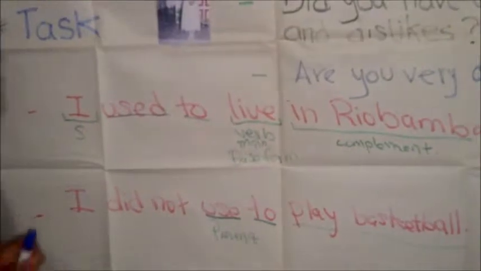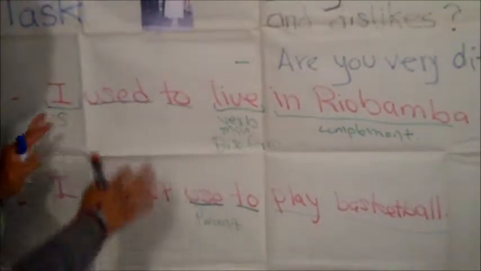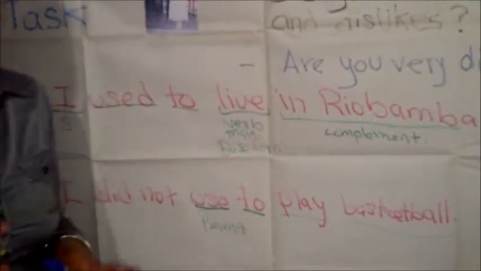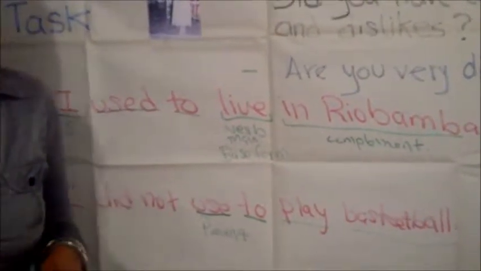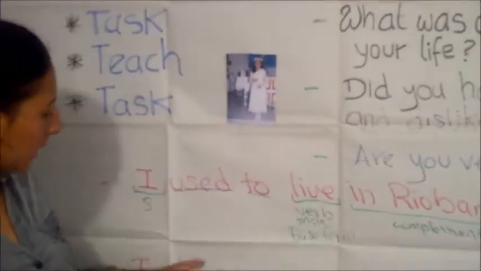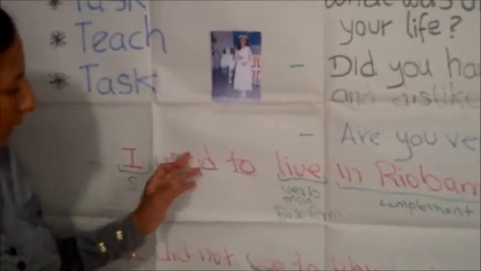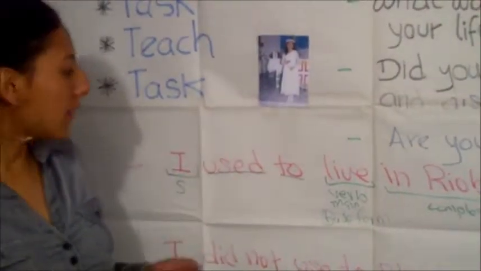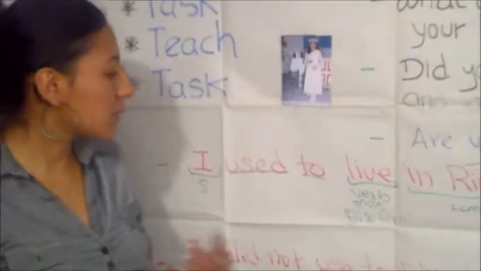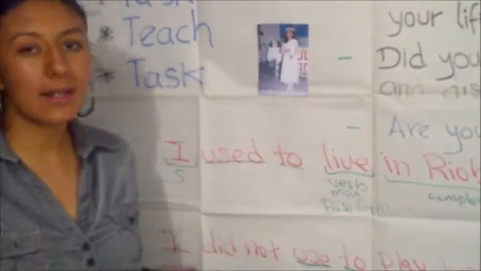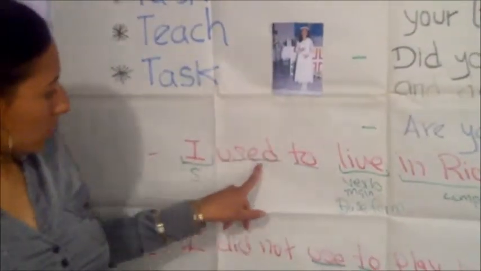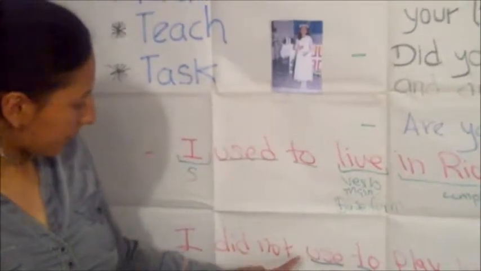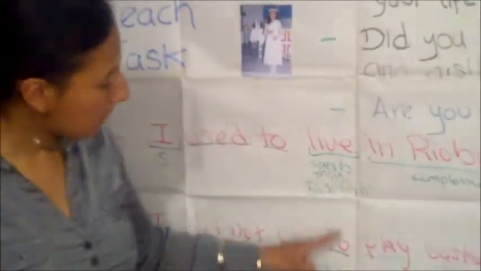You need an affirmative sentence and a negative one, because you're going to explain the structure. For this part, you can ask the students, for example, what do you think is similar in these two sentences? Because the objective is that they realize that used to is present in both.